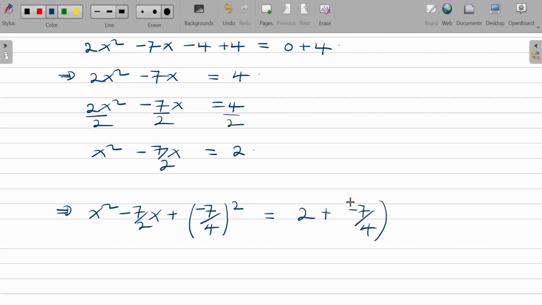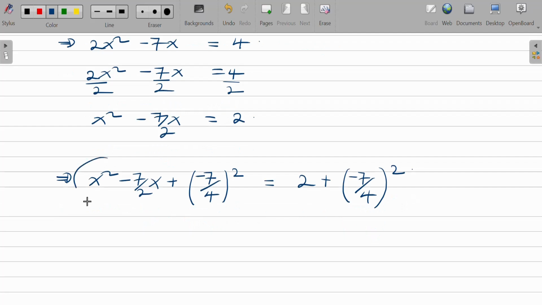This one, the whole of it, is the same as having x minus 7 out of 4, the whole of it squared, being equal to 2 plus negative 7 squared, we have 49, divided by 4 squared, we have 16.